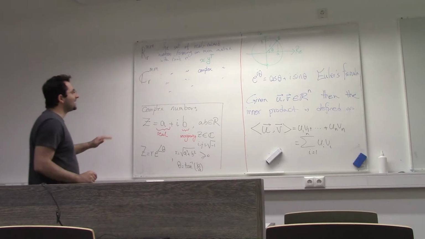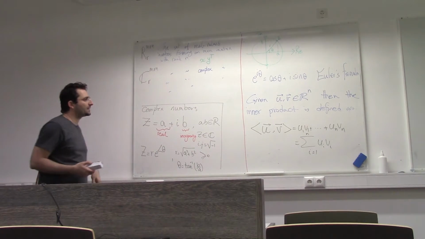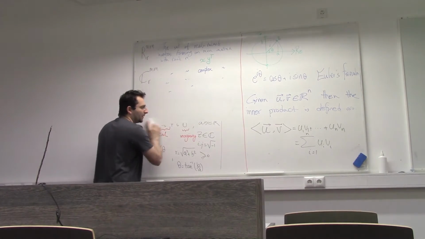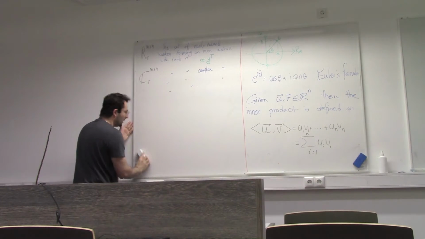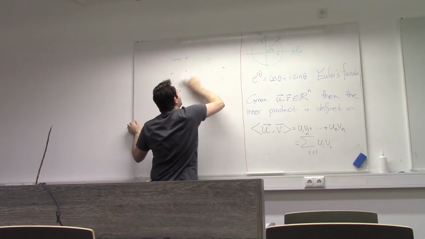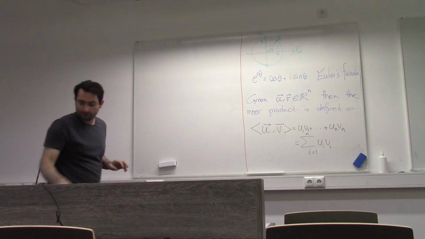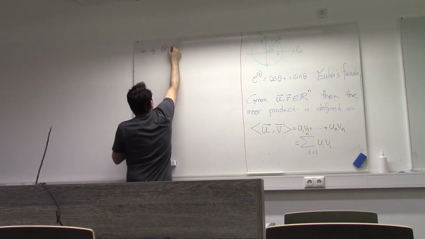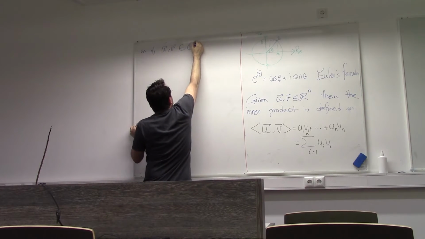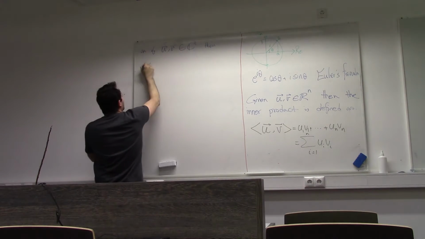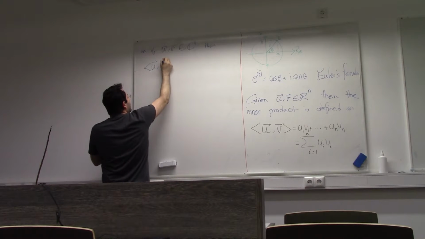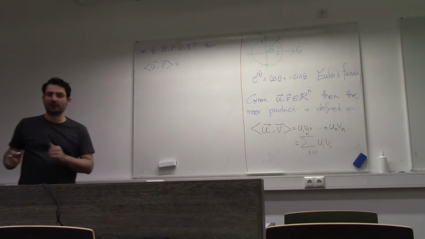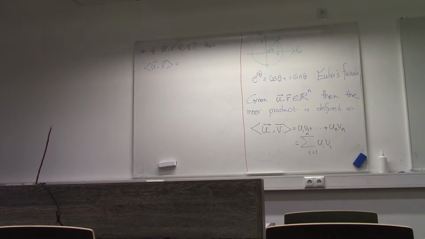Now, because we also need to define things in complex form, let's see how the inner product is defined if u and v are in Cn. Do you know how it's defined? I think we multiply the real parts together and then the imaginary parts.